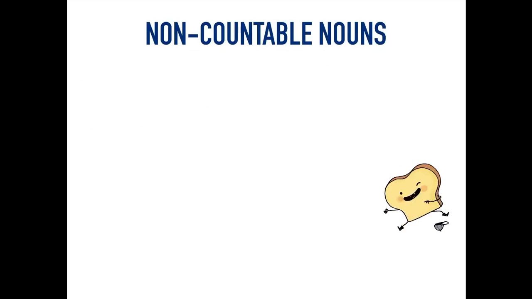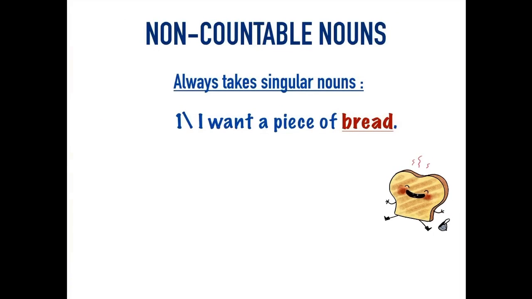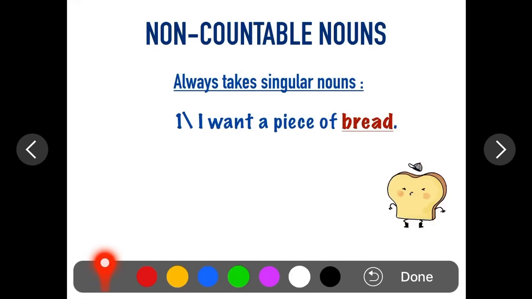The non-countable nouns are exactly the opposite of the countable nouns. For example, they always take singular nouns, they never take plural nouns, and they cannot be counted. So, for example, I want a piece of bread. So bread here is the non-countable noun.